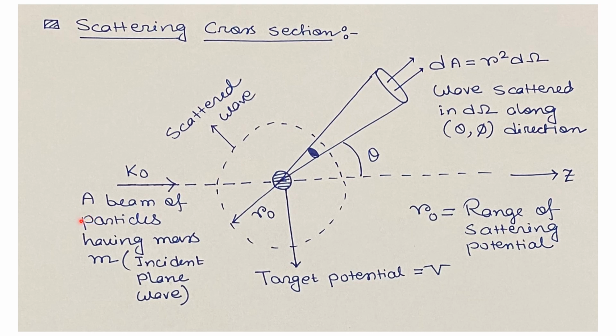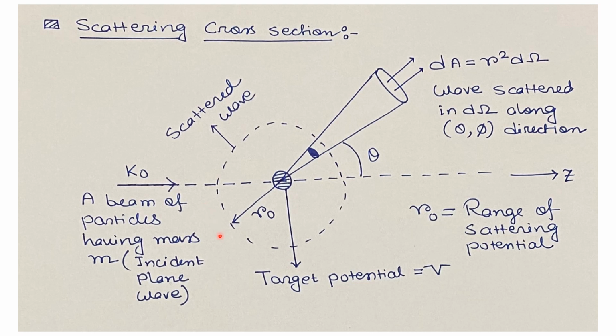Let us consider a beam of particles, each of mass m. They are traveling along the z-axis with some velocity v. Now we will be considering the incident particles as free particles.